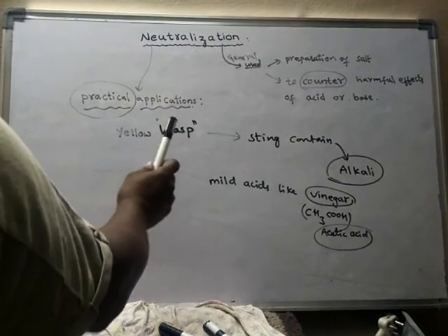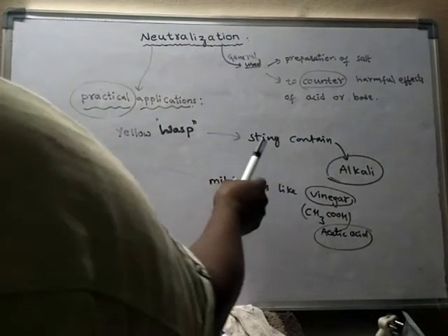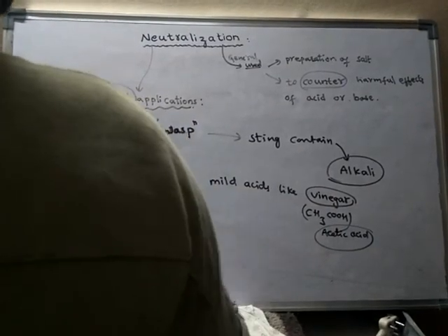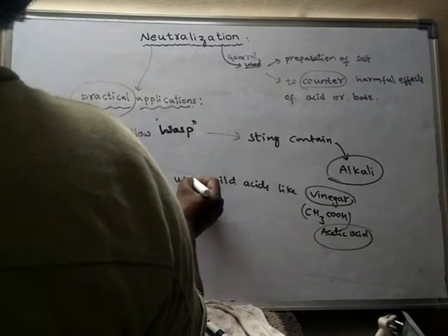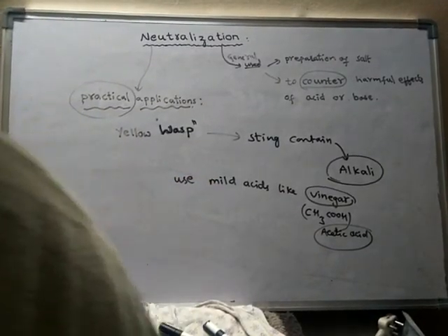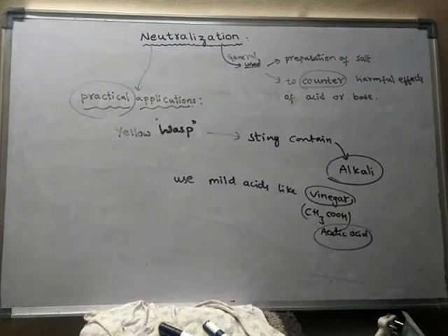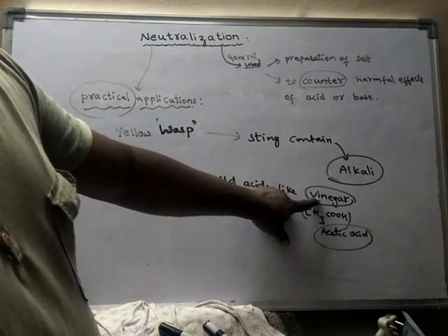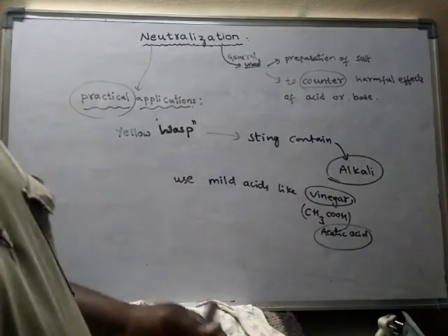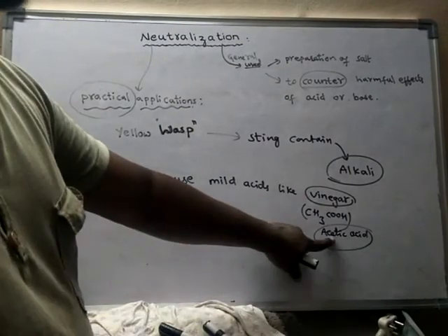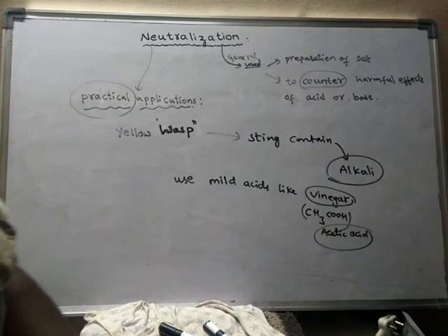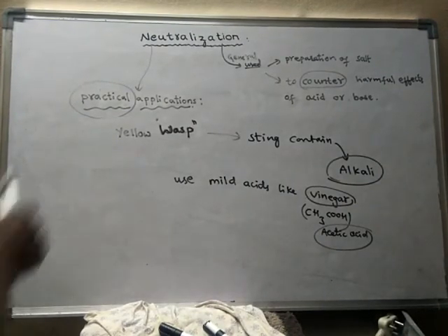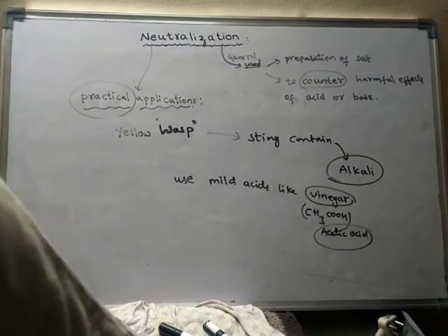Whenever a yellow colored wasp stings our skin, immediately we have to apply mild acids, or else rub the affected area with vinegar. It contains mild acids like acetic acid, so this acid will neutralize the alkali and we get pain relief. So this is another application of neutralization reaction.